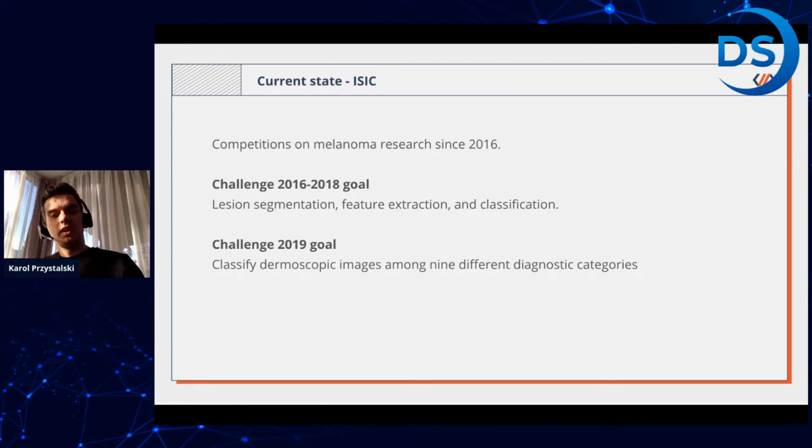So you can see it was more focused on the shallow methods here. And that was actually something that I also did in my PhD. But since 2019, the goal is more focused on different kinds of illnesses, and is mostly focused on deep neural networks, which is a bit different.